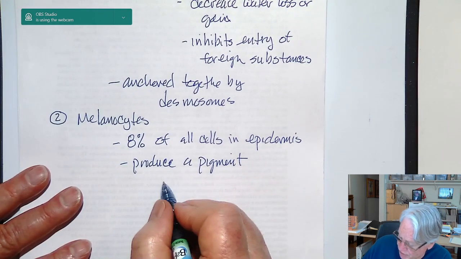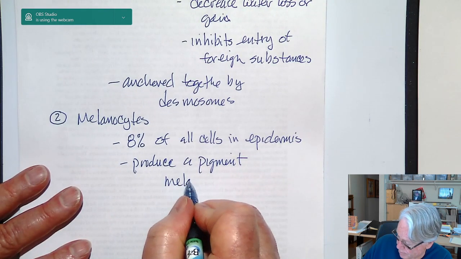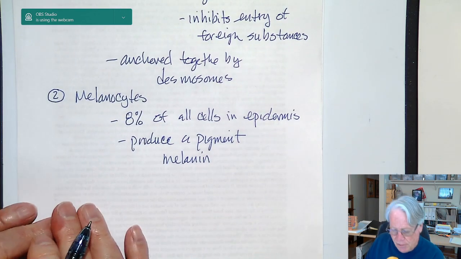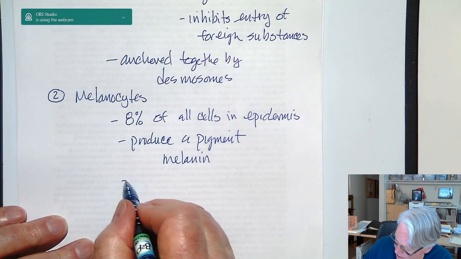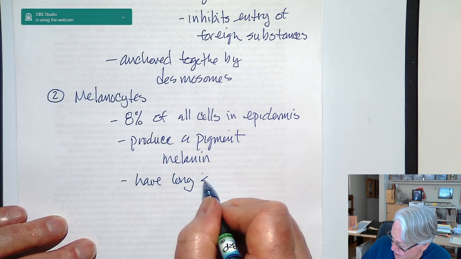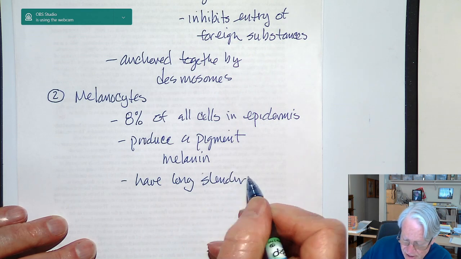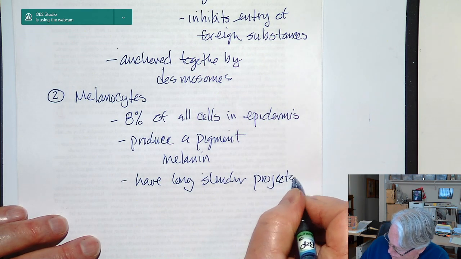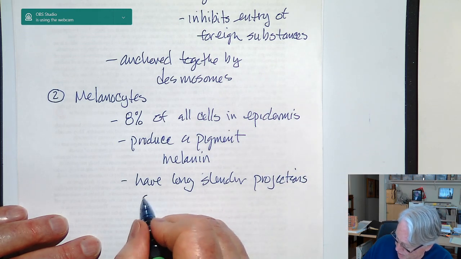Oddly enough, this pigment is called melanin, and that's the name of the cell. They have long, slender projections of the cell membrane.